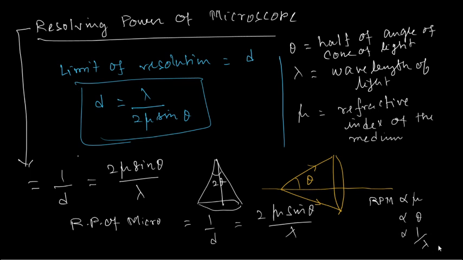It means lower the wavelength, higher will be the resolving power. So in order to get a better resolution, we must use a medium with a high refractive index and a low wavelength of light. Okay? Right.